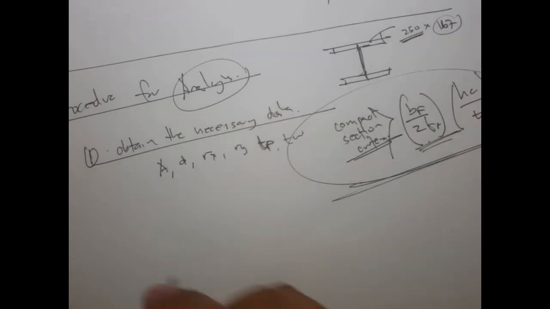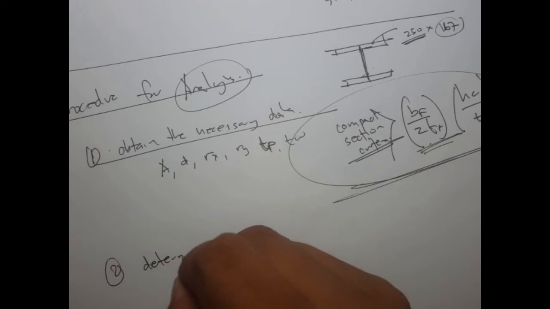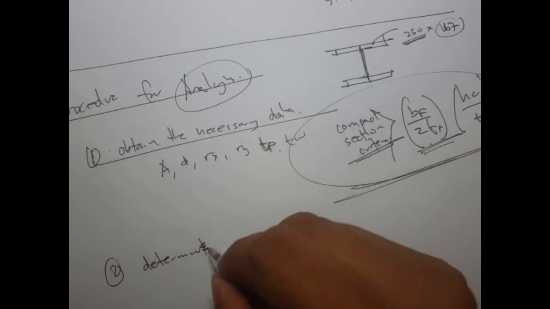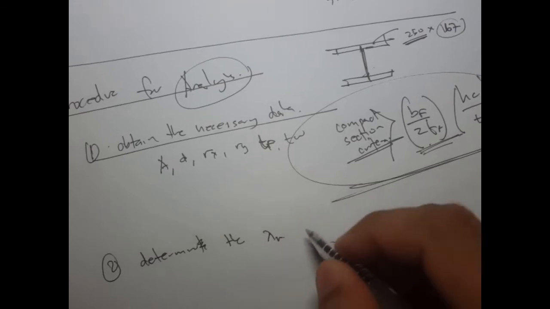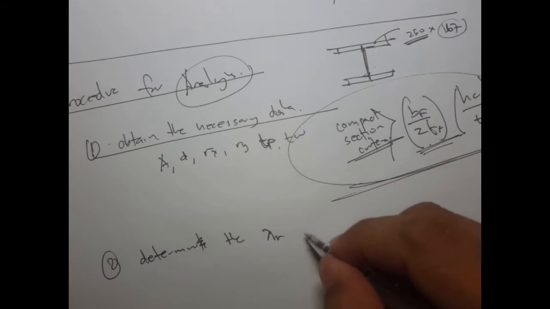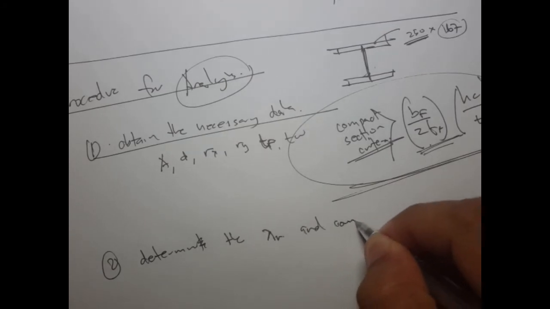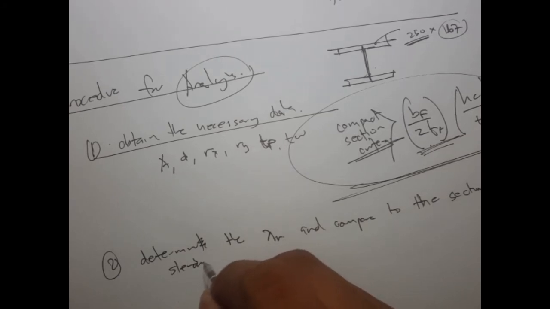Once you have that, then you have to determine the lambda sub r, that's the limiting width to thickness ratio, and compare it to the section slenderness.